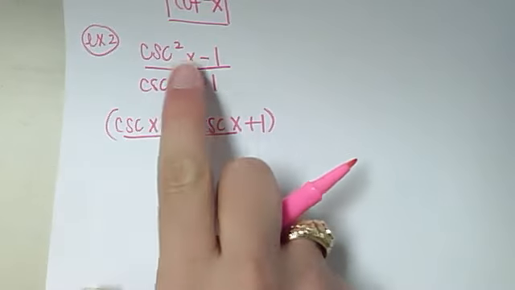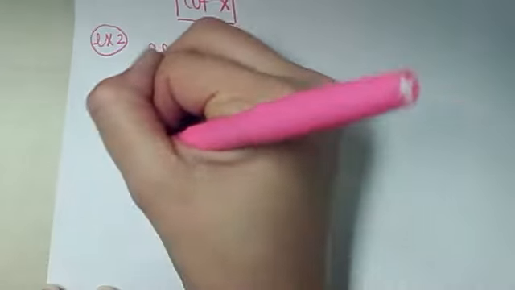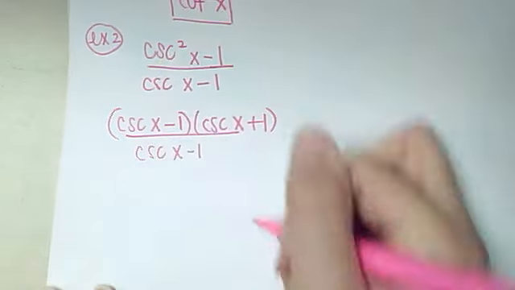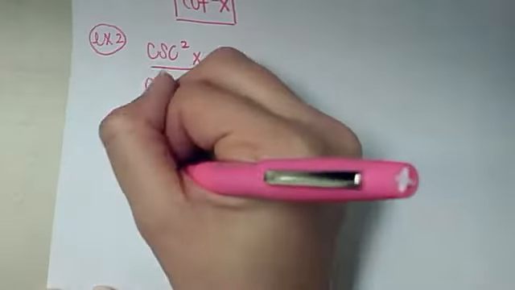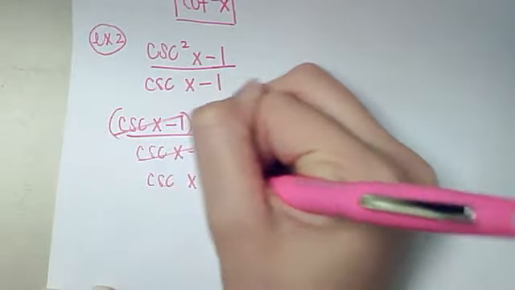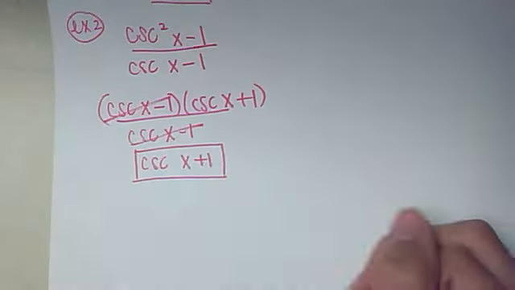That would just be like if I had x squared minus 1, same concept, except x is being replaced by cosecant. And on the bottom, I have cosecant of x minus 1, and this whole factor cancels this whole factor, and I'm left with the cosecant of x plus 1. And that's my final simplified answer.